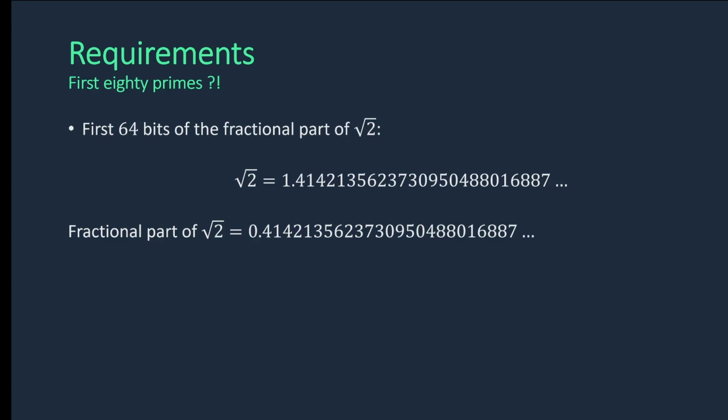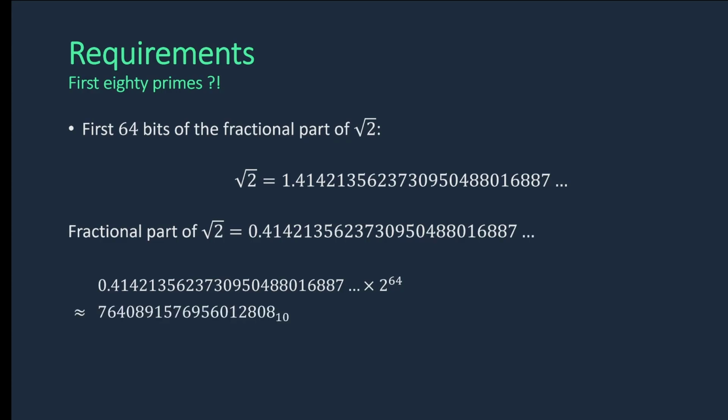If we just drop the integer component, we get 0.4142 and so on. Now we multiply this number by 2 to the 64. As you remember, this is the methodology that we used for representing fractions in binary. And if we just take the integer component of this multiplication, this is the number that we get in base 10.